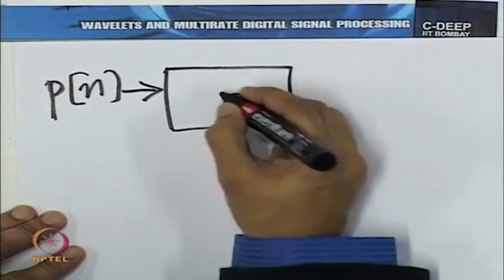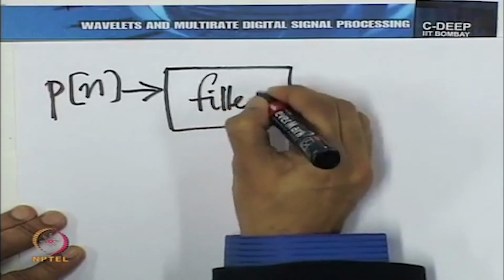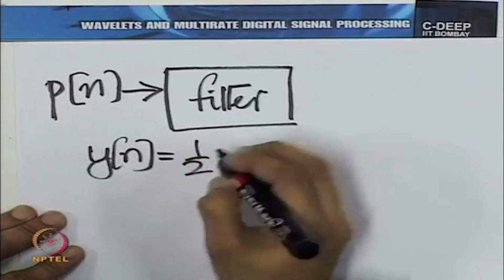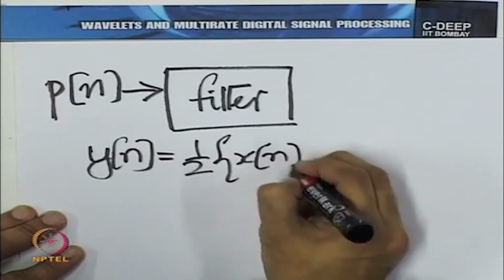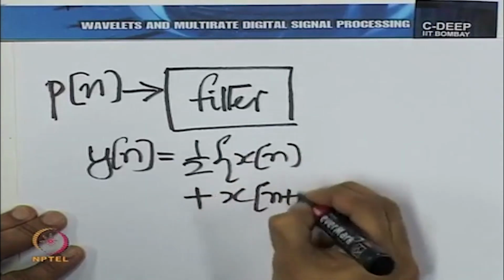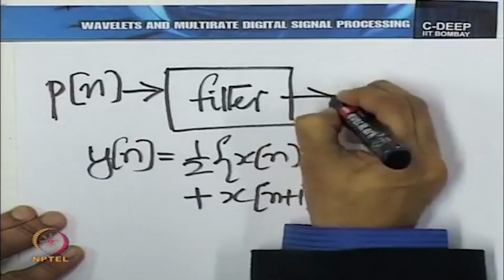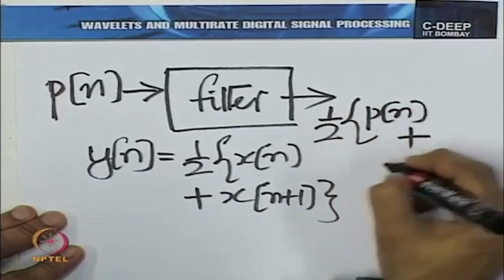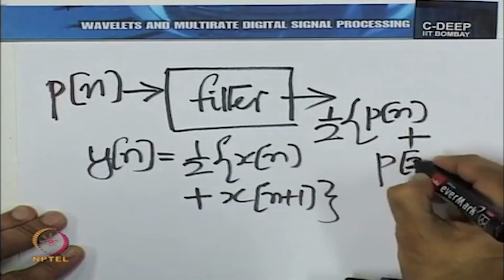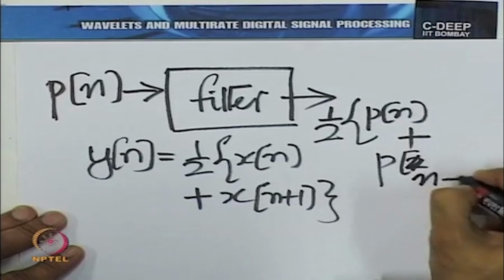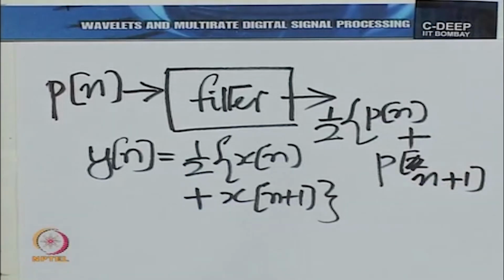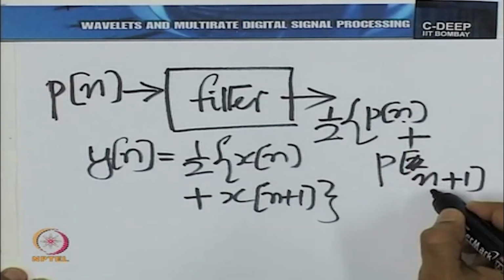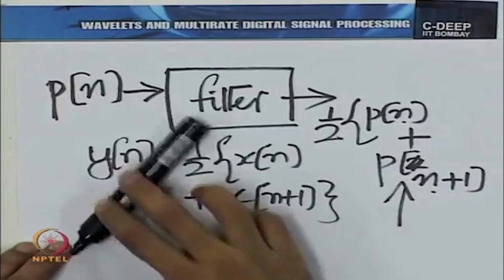If you put into this filter that we just wrote down, y of n is half x n plus x of n plus 1, what we would get here is half of P n plus P n plus 1. But we do not want P n and P n plus 1. We want to replace here.